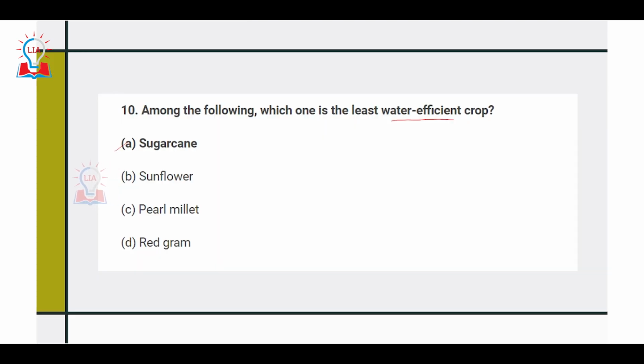The other crops such as sunflower, pearl millet, red gram can be cultivated even in those parts of India where the availability of water is relatively lesser, while sugarcane can only grow in those areas where water is made available either via rainfall, monsoonal rainfall, or via canals, artificial dams and canals by construction of reservoirs.